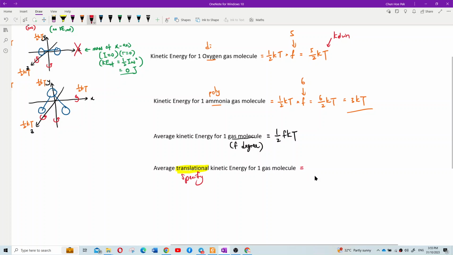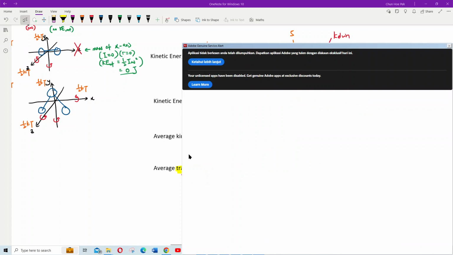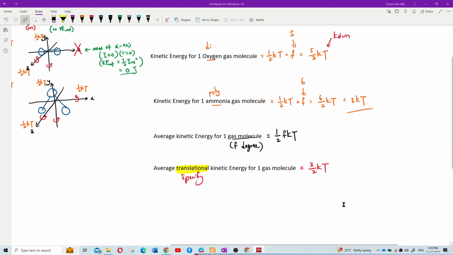So the answer is 3/2 kT, because f is 3. So the average translational kinetic energy for one gas molecule is 3/2 kT.